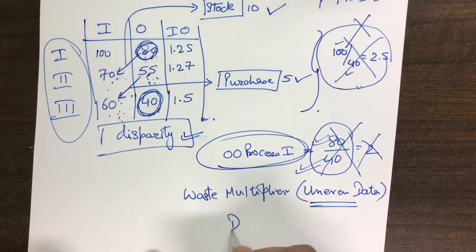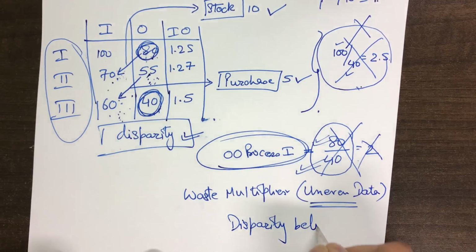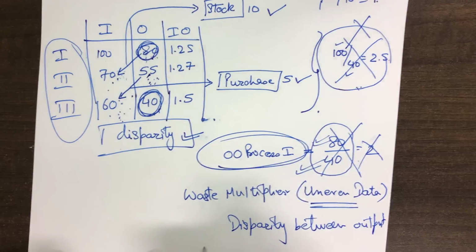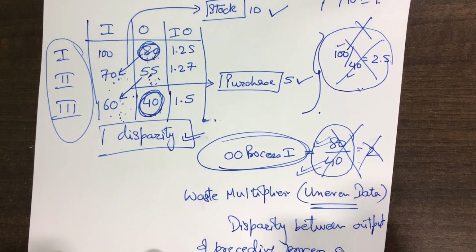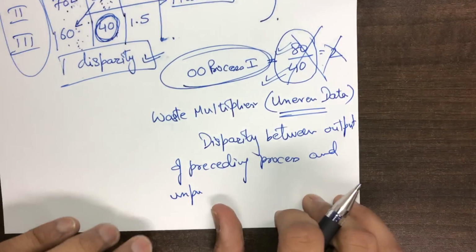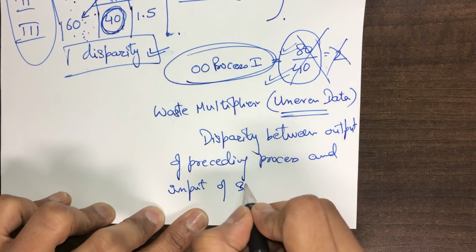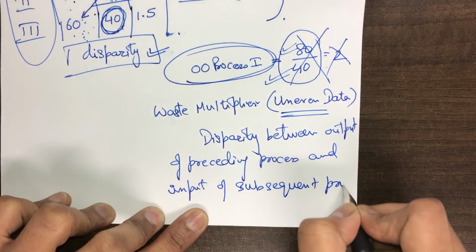Uneven means there is disparity between output of preceding process and input of subsequent process.